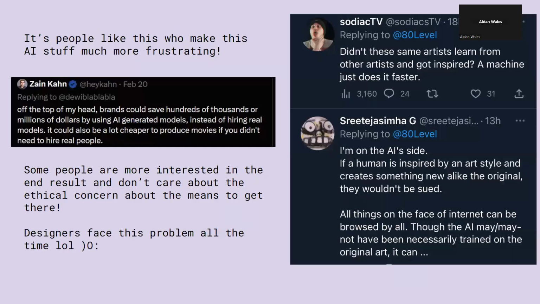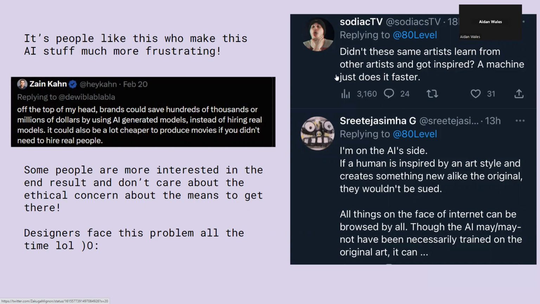Need I say more? And then there's jerks like this who say like, "Oh, I could save so much money by not hiring real models or artists. I could just do this quickly." And same tired argument: didn't artists learn from other artists and get inspired?